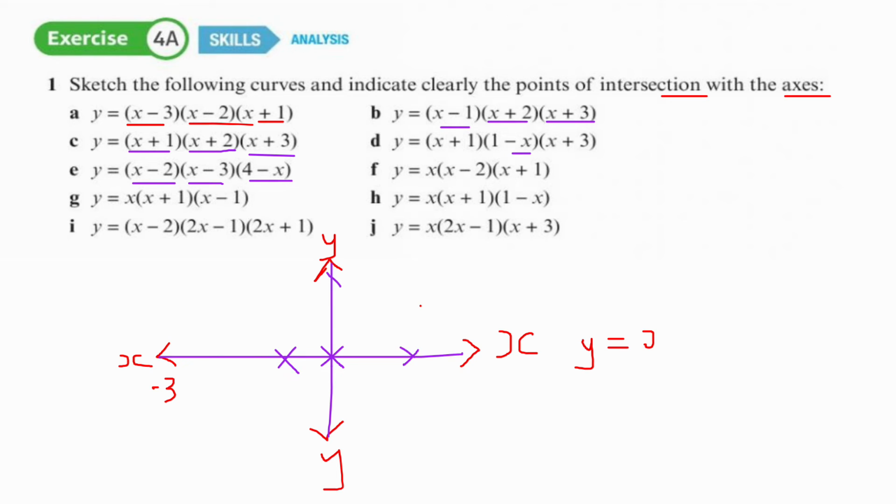It's a positive cubic, so it's going to look like this. This time it crosses the y-axis at the origin, because when x is 0, 0 times that bracket makes y equal to 0. So it crosses at 0, -1, and 2.